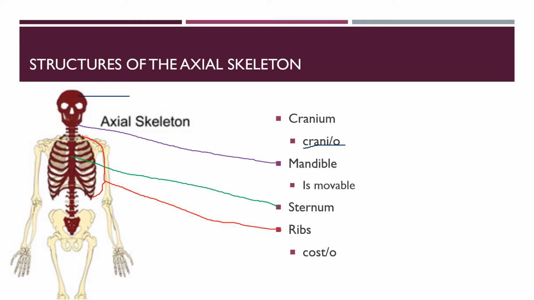The medical term for rib is costo. Now, don't get that confused with chondro. Chondro is the cartilage that we talked about around the ribs. Costo is the actual ribs themselves. So: cranium, skull; mandible, jaw; sternum, breastbone; and ribs, or costo.